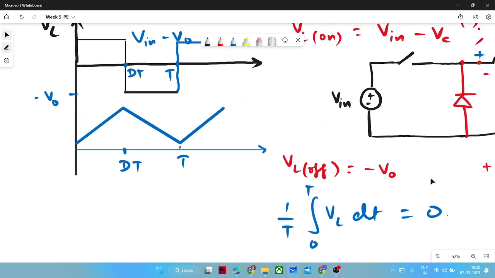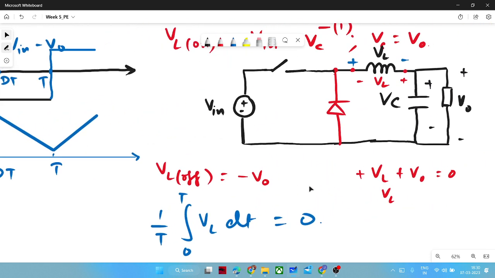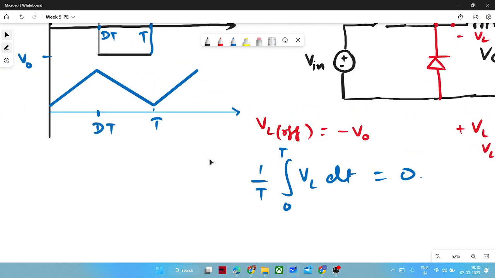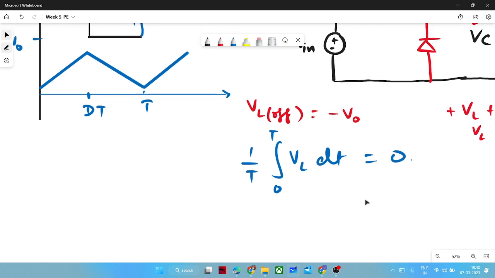So, if you have to compute the value of gain, the relation between input and output, we can apply the volt-second balance.